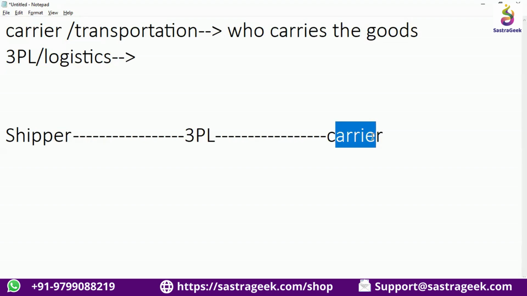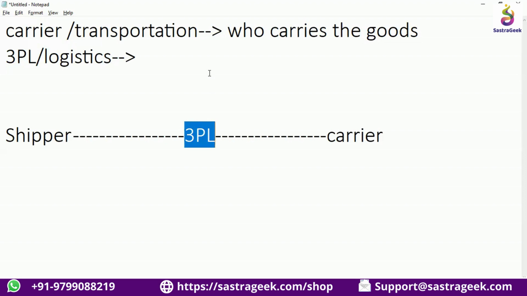So when you say I'm reaching out to a DHL guy or a 3PL guy or a Blue Dart guy, you're not reaching out to the carrier. You are actually reaching out to the 3PL guy only, who is intending to manage your transportation altogether.